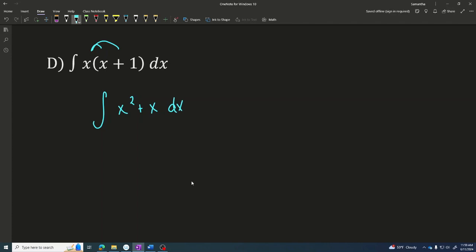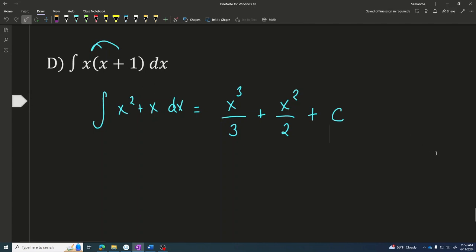And now because I just have a sum, I can find the antiderivative of each of these terms separately because of that sum rule. And using power rule on each of these terms, the first one, I increase the power, divide by the increased power, increase the power, divide by the increased power, and then plus c because this is an indefinite integral.